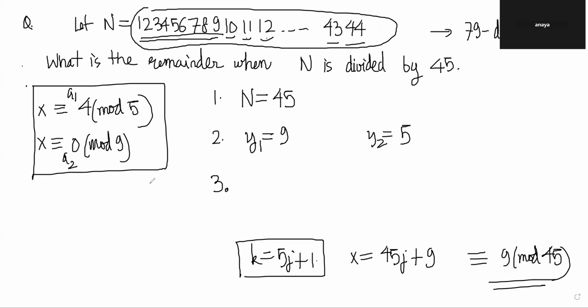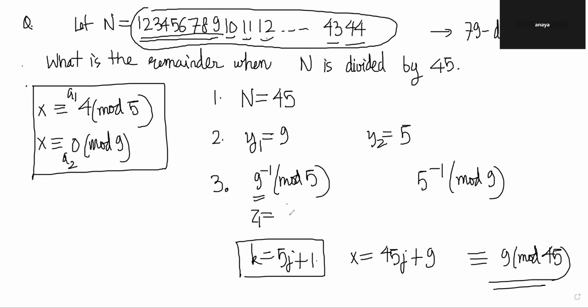And the third step was to calculate the inverses: 9 inverse mod 5, and 5 inverse mod 9. So let's find 9 inverse mod 5. What should I multiply with 9? 9 ones are 9, 2s are 18, 3s are 27, 4s are 36. Yes. 4 is the inverse of 9 mod 5. So Z1 is 4.